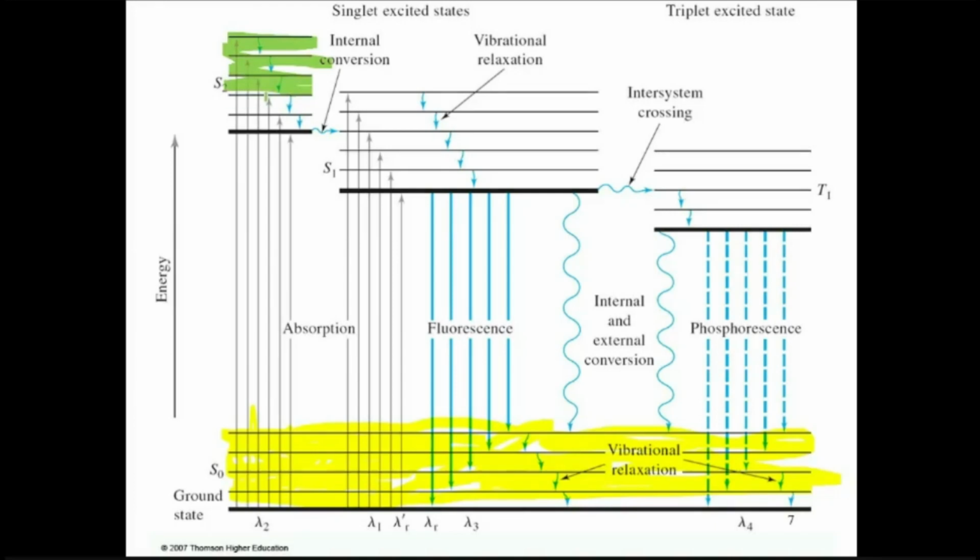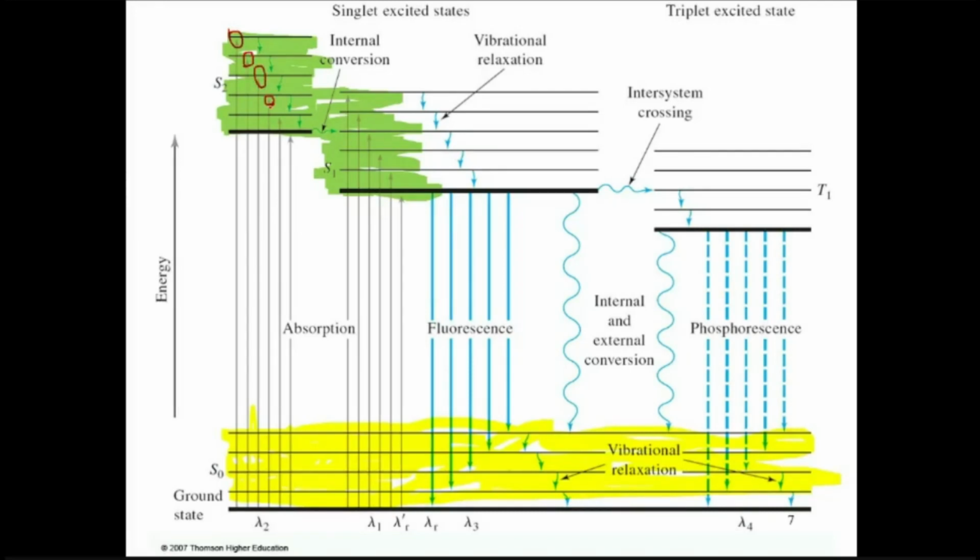If the energy of absorption is very high, molecules will enter S2. If the energy is comparatively less, they may enter S1. S1 has comparatively lower energy than S2. A molecule may land at any random vibrational state.